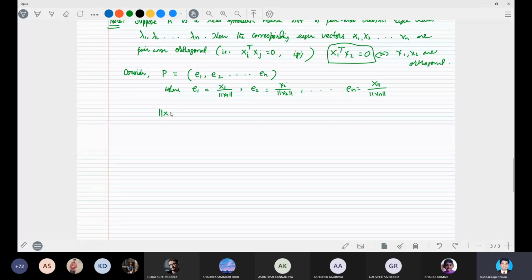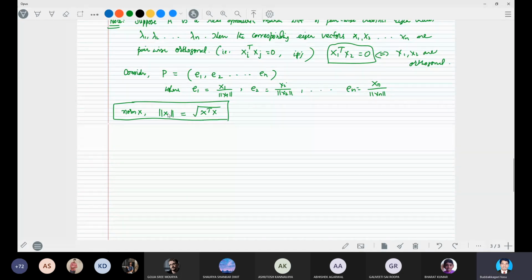norm x is defined as the square root of x transpose into x. Suppose norm x1 you need to calculate.